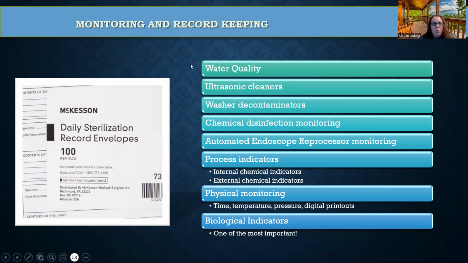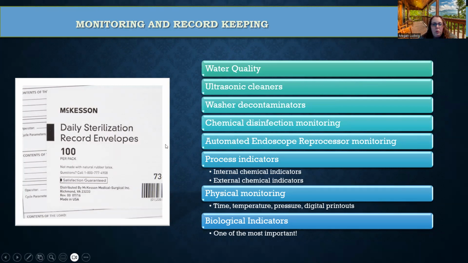So you're going to keep track of water quality. You're going to have to do certain steps every day to check the water quality, make sure it's up to par with your IFUs and stuff. Ultrasonic cleaners, remember every step of the way. Wash your decontaminators, the disinfection, what type of chemicals are you using? Are they adequate?